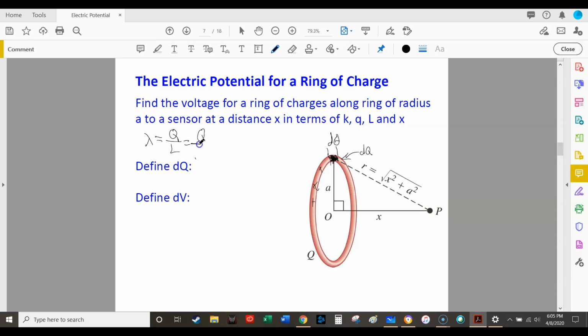This length is 2 pi times the radius, and the radius is a. Our differential then is dq, so that thing is changing, d theta is changing, and the length now is just going to be the radius times d theta.